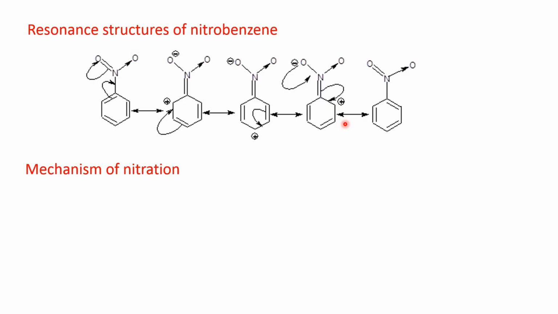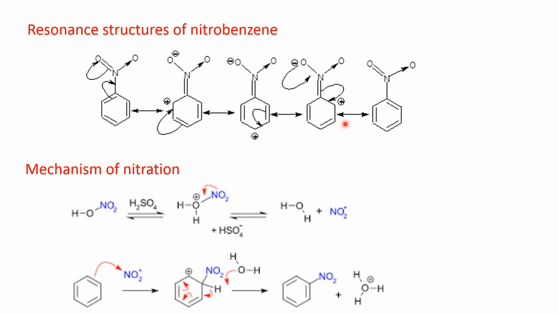Now we'll see the mechanism of the nitration reaction. The nitrating agent is concentrated nitric acid and concentrated sulfuric acid. So this is nitric acid. From sulfuric acid, H plus goes to the lone pair of oxygen of this OH group.